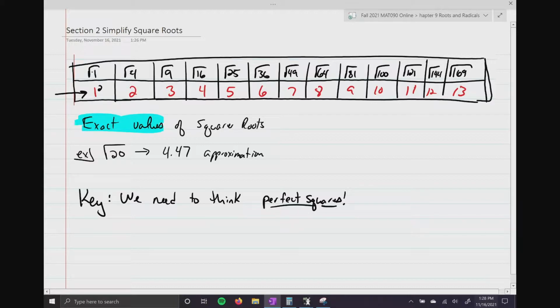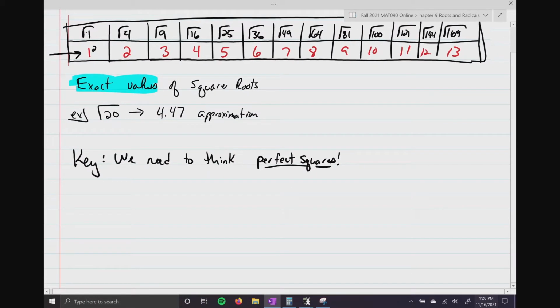So if I wanted to find the exact value for the square root of 20, what I'm going to do here is ask myself, are there two numbers that I can multiply that'll give me 20? And here's the catch.